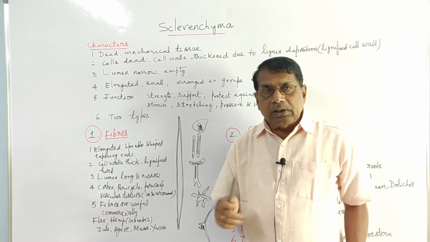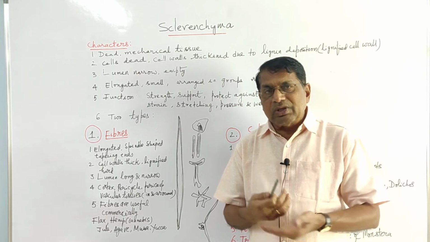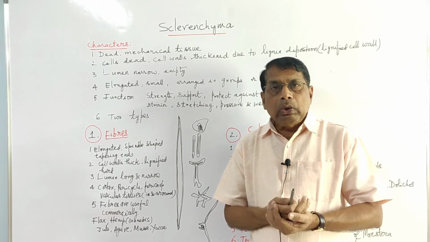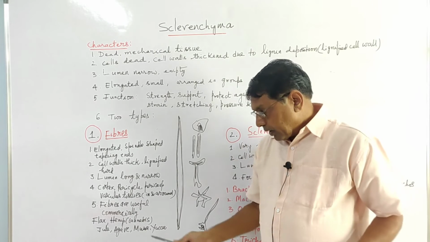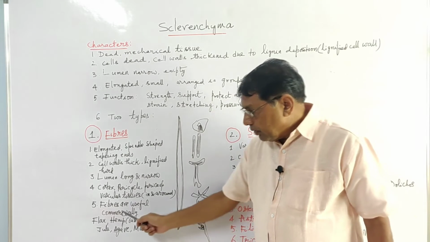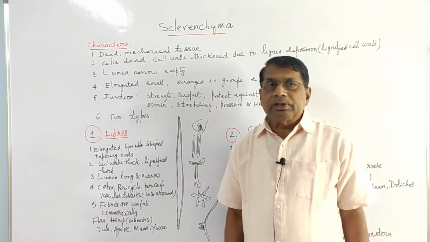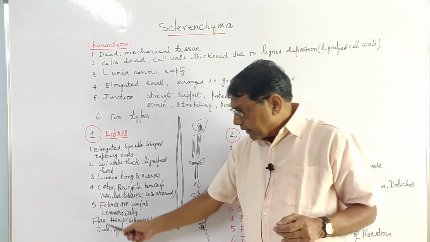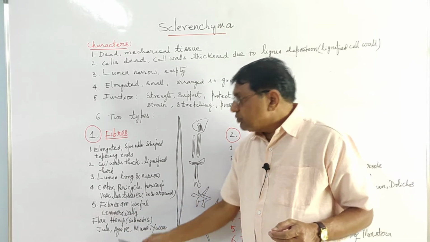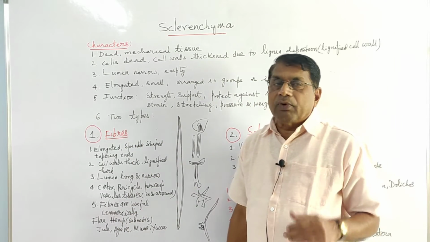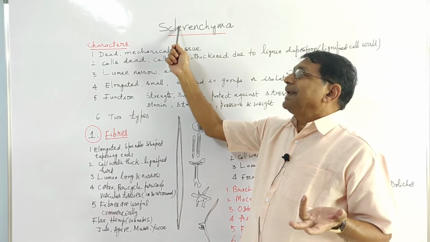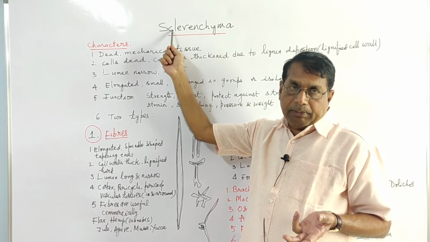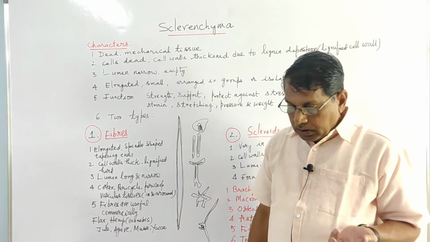In some areas, the fiber is extracted from plants related to musa. Then yucca. In all these plants, fiber is extracted and commercially used, and technically speaking, these are the fibers of sclerenchyma. Remember, important.